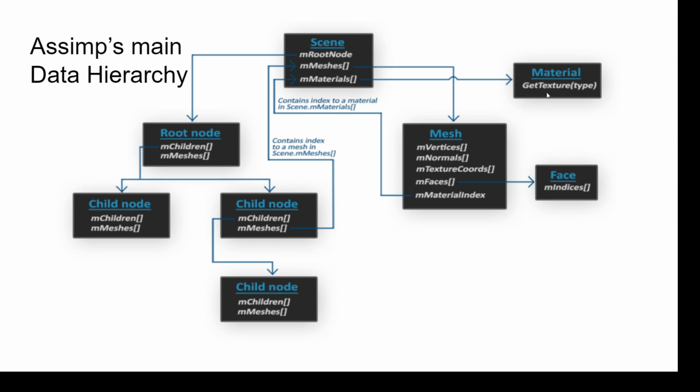You can have shared materials. So it's a much more elaborate and powerful hierarchy, and it'll do this for a whole bunch of different 3D file formats. I think it'll include OBJ files. I think you can do that as well.